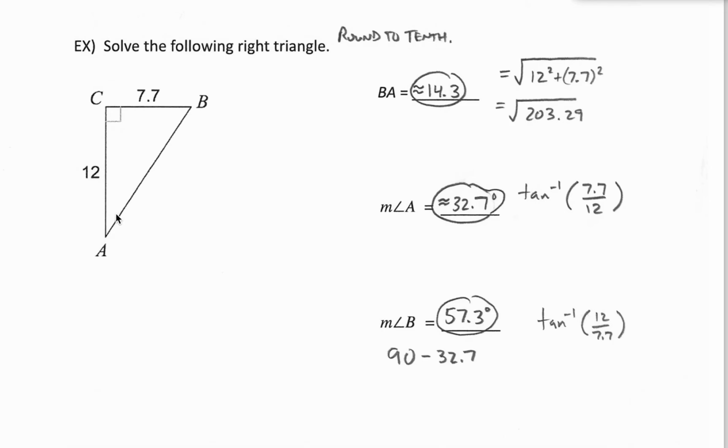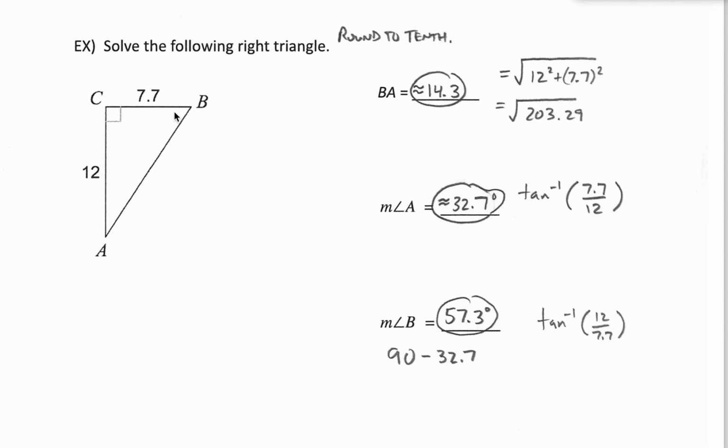If I'm confident that that's correct, I could go ahead and use the definition of complementary angles, knowing that I just need to subtract what I found from 90 to get that other acute angle measure. However, if you again want to just use the information provided, well, solving for angle B means that we need to change how we label our sides here.